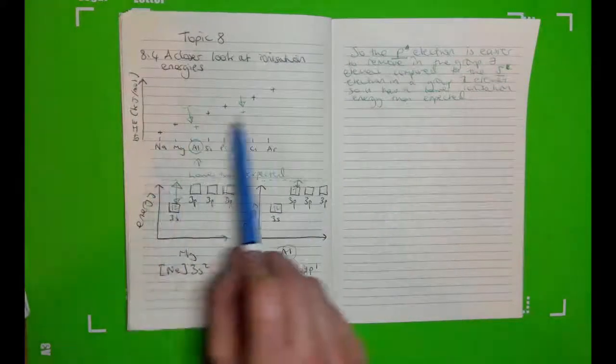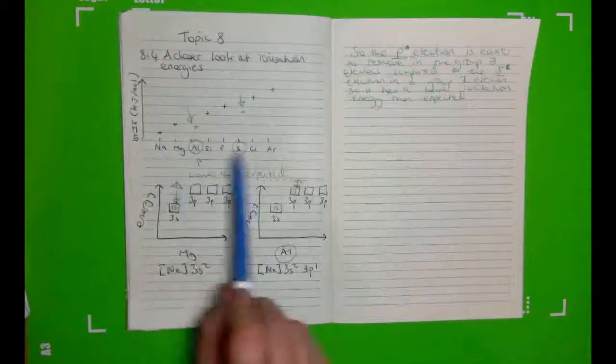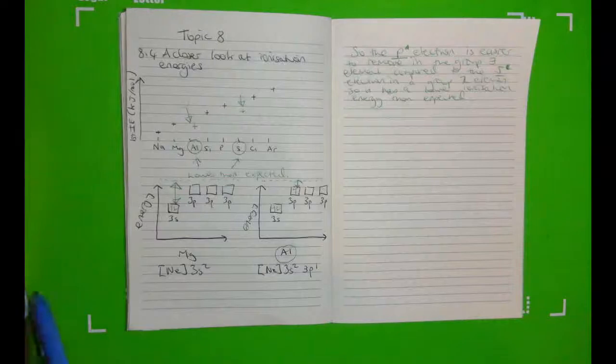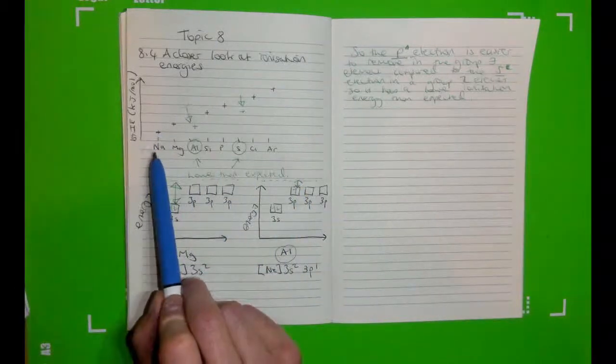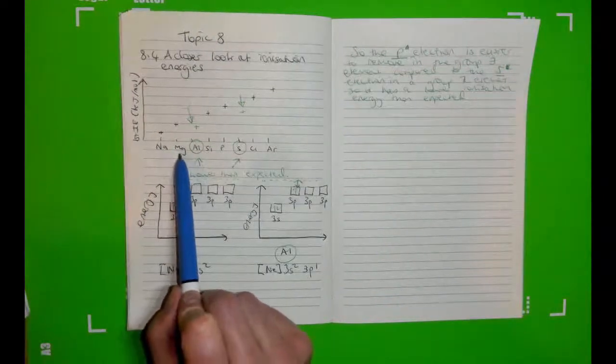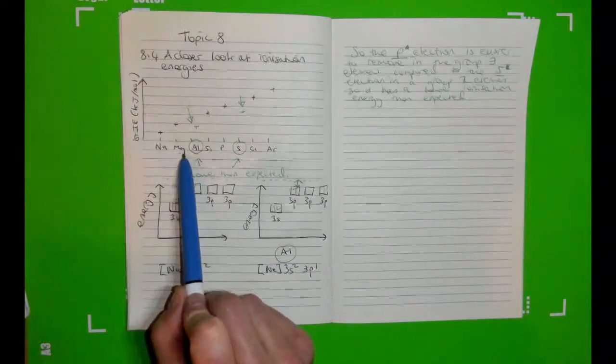Now, we discussed period 3 here, but the question could quite easily have been period 2. If we look at period 2 on the periodic table, you've got lithium, beryllium, and then boron.